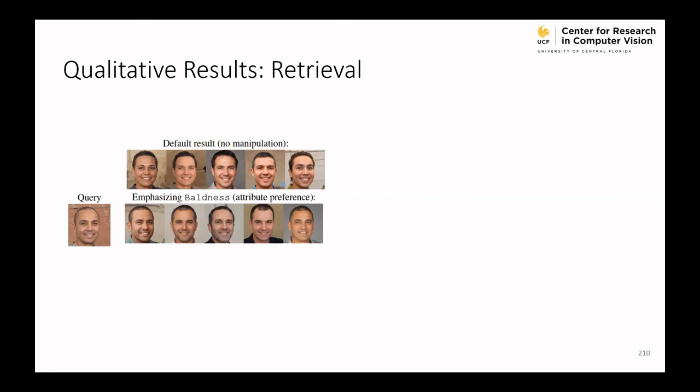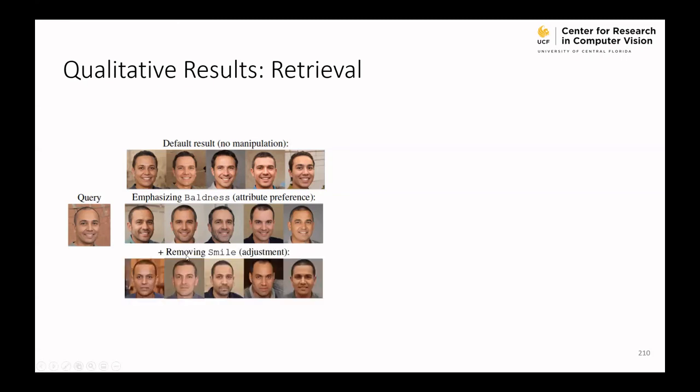So I want to emphasize the baldness attribute, and this is what we retrieve. So as you see, they're kind of bald. Then we want to add to that, we want to remove smiling faces. All these were smiling, same guy, but now we remove that.